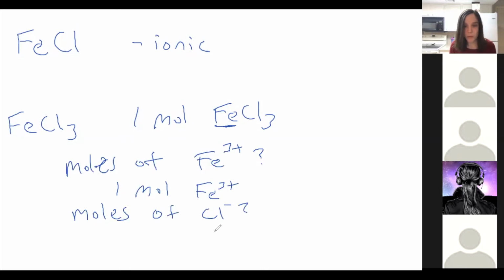What about moles of Cl-? So for that one, we have 3 Cls for every 1 mole of FeCl3. So we would have 3 moles of Cl-. Does that make sense to everybody before we go on?